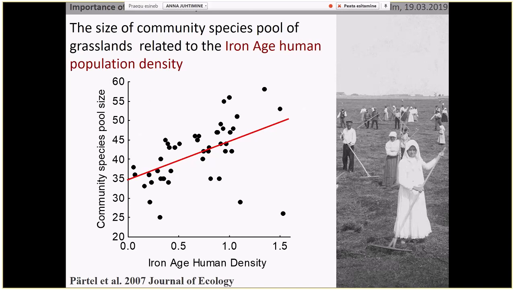So this is the memory that we see in the grasslands, and these are the implications.